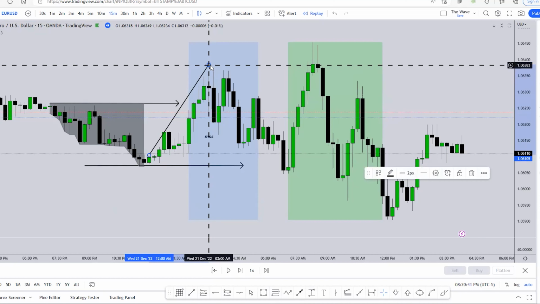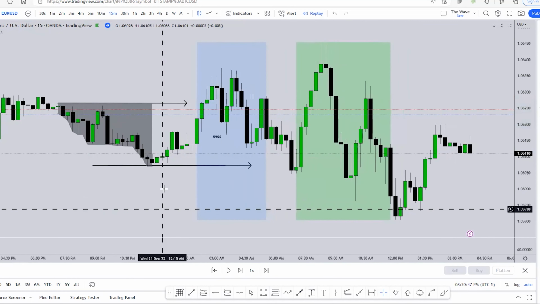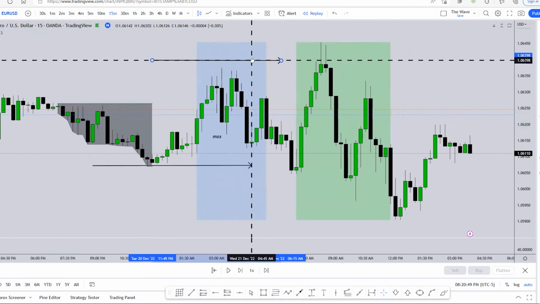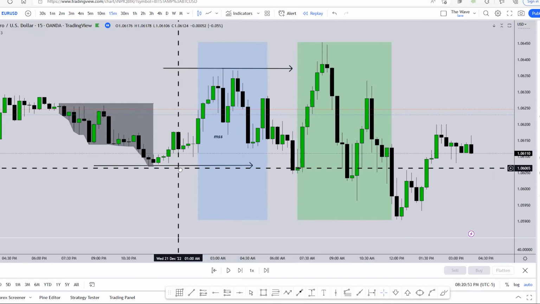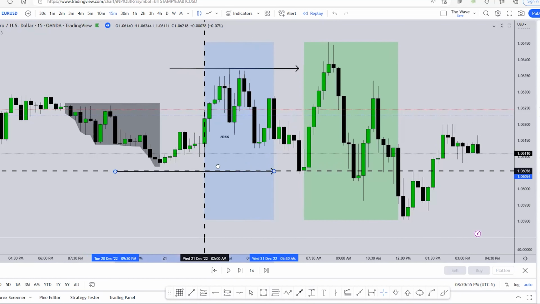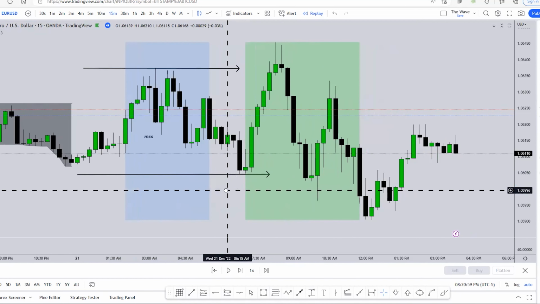Okay, same thing happens again in New York, right? So now we have London highs, and we have London lows coming into New York.